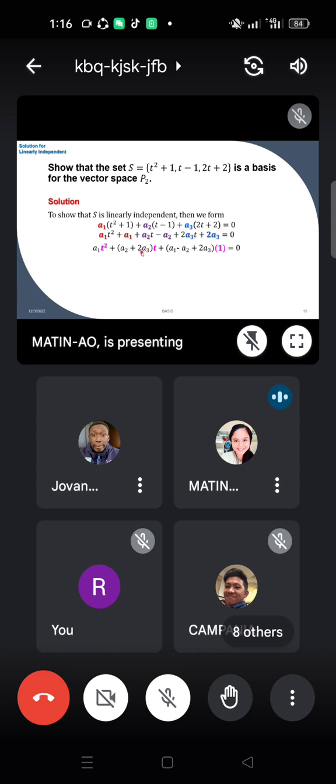And then combine all the constants times 1, which is equal to 0. So this gives a sub 1 is equal to 0, a sub 2 plus 2a sub 3 is equal to 0, and then c is equal to 0. Okay? We're not yet done.